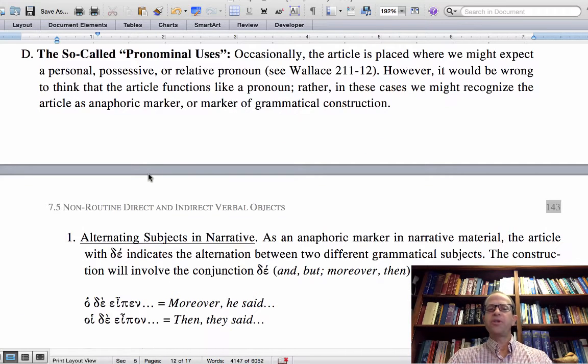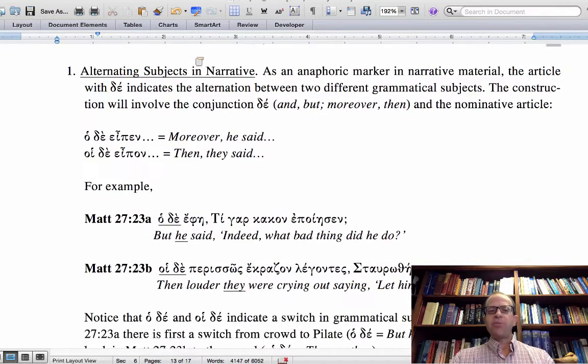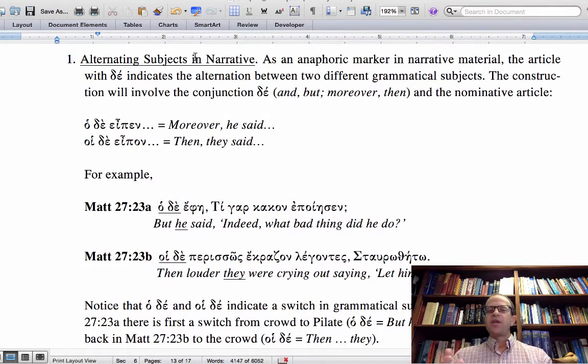There are other uses called pronominal uses. These are so-called pronominal. And what this means is that sometimes the article seems very appropriately translated in English by a pronoun like he or she or they. For example, in narrative, you may have an article followed by a de, and this indicates a he.